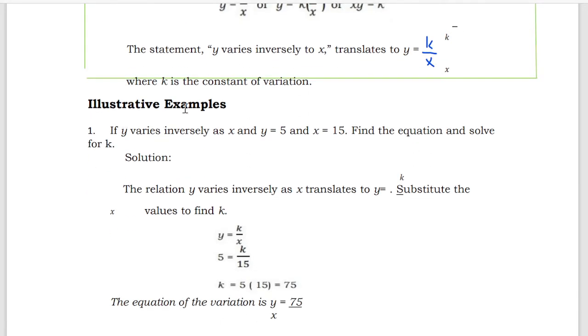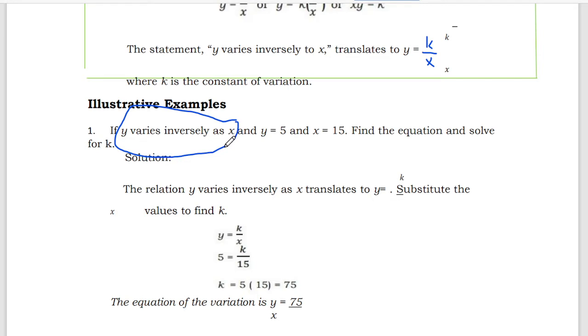So we have an illustrative example here. If y varies inversely as x, and y equals 5 and x equals 15, find the equation and solve for k. So we're going to solve for the constant. But based from here, this is very important: the statement is y varies inversely as x.